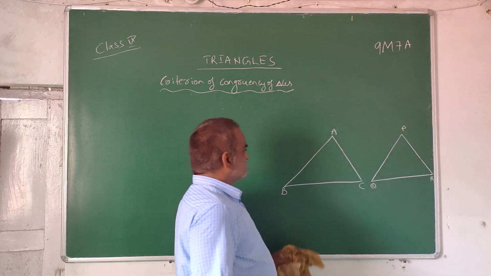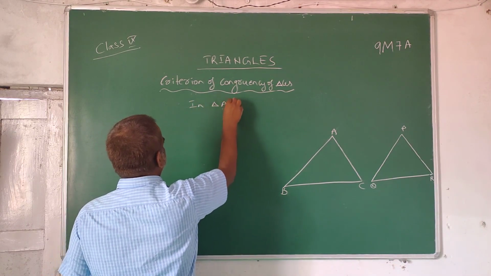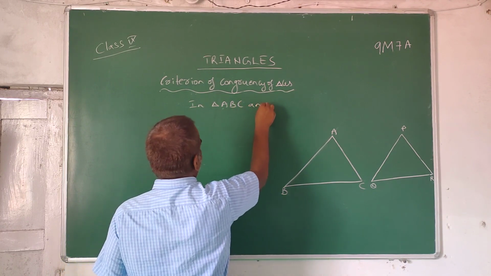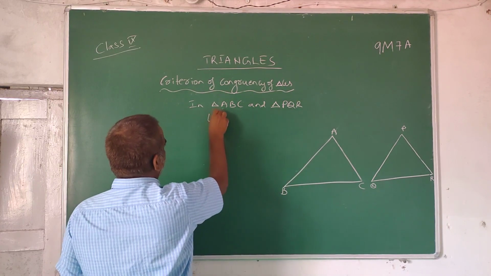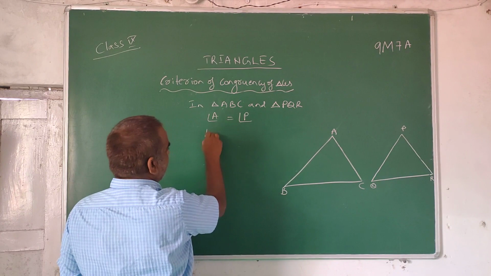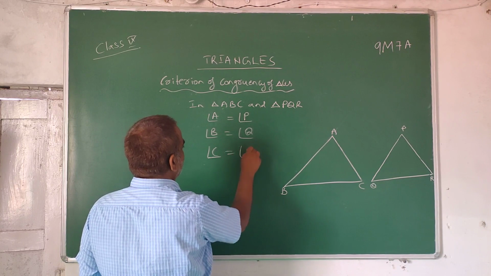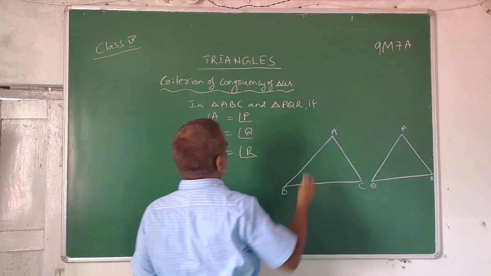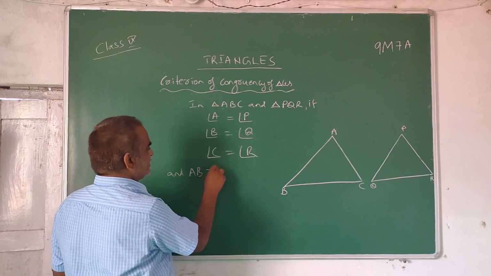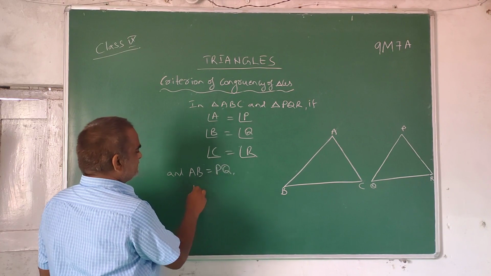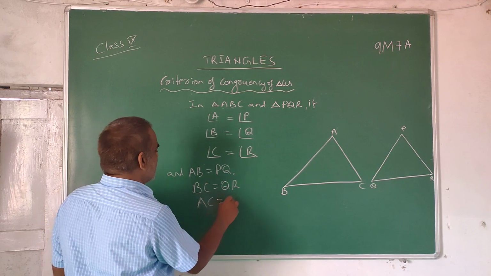Suppose in triangle ABC and triangle PQR, angle A is equal to angle P, angle B is equal to angle Q, and angle C is equal to angle R, and AB is equal to PQ, BC is equal to QR, and AC is equal to PR.